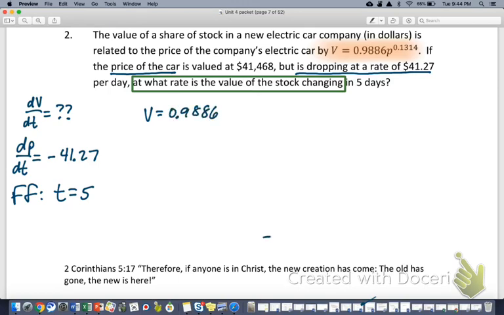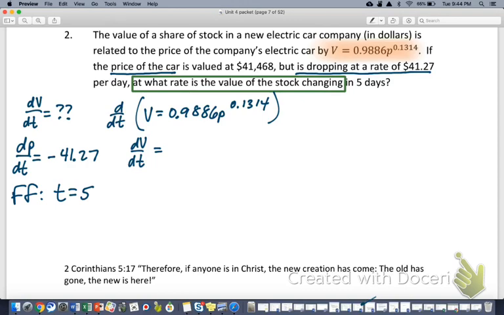So this is it, as far as my relationship, it relates the V and the P. So all I need to do is get going with d/dt, right? I need to push play. So d/dt of all this, d/dt of V would be dV/dt equals, and of course this is a straight up power rule. This would definitely be a calculator active question. So let's see if I do the power rule here.